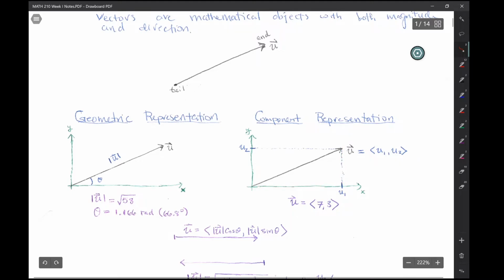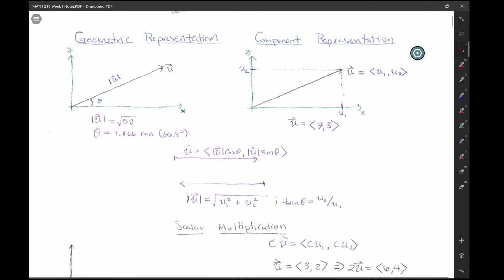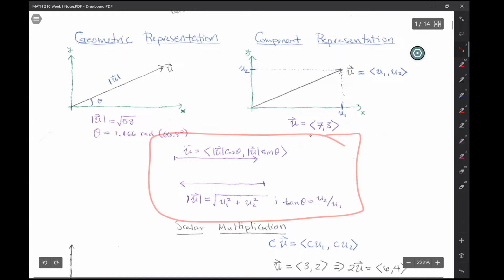Well, how do you go between the geometric representation and the component representation? We could use these formulas that you see here. The angle that we have for this vector <7, 3> is 66.8 degrees.